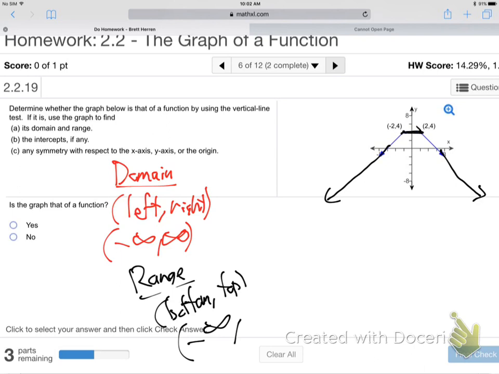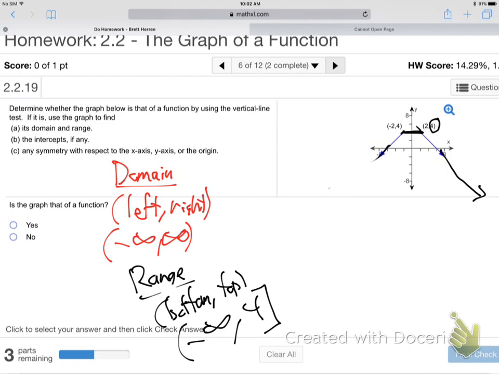This height is 4. We're looking at y values, not x, right? And it's a bracket because it's right on the 4. A common mistake I see in the exam, people grab the x. That 2 means it's over 2, up 4. We want the up. Range is all about y values, right? It's up 4. Is that good?